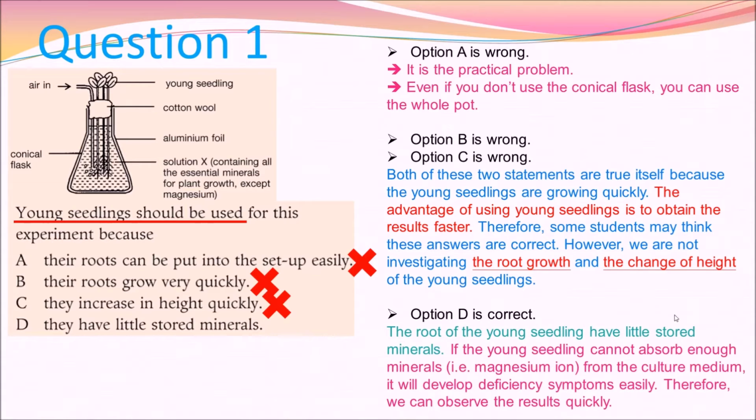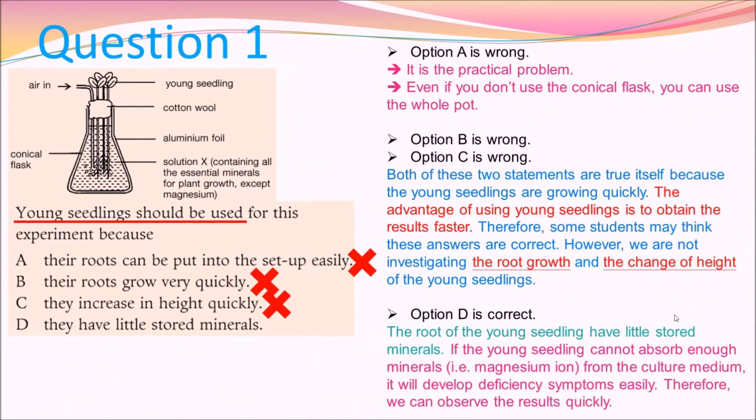Because imagine that we do not use a young seedling, we use an old plant, maybe a big tree. They have the mineral storage already. So what if we do not supply a sufficient amount of magnesium to the plant? They still have some reserve, some storage for themselves until the magnesium stored in the plant is all used up.